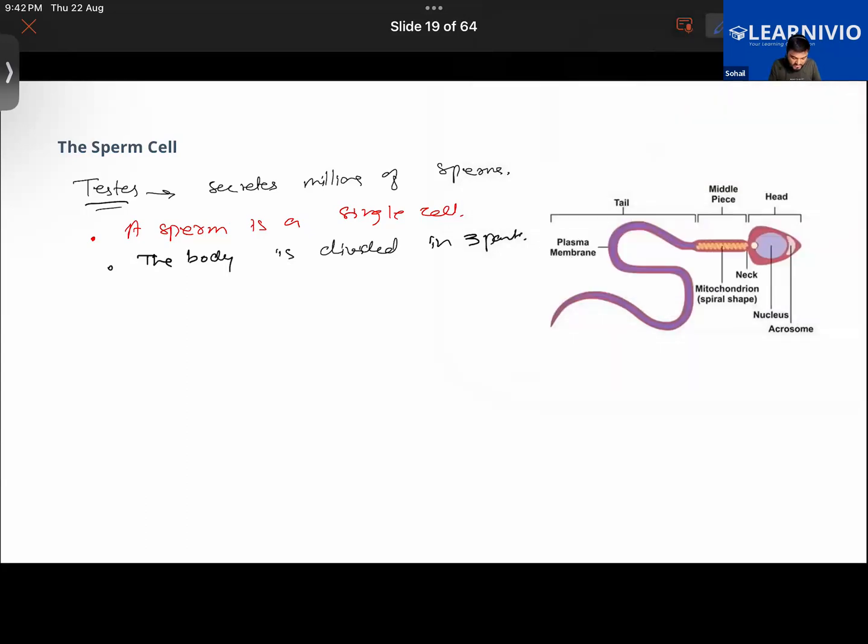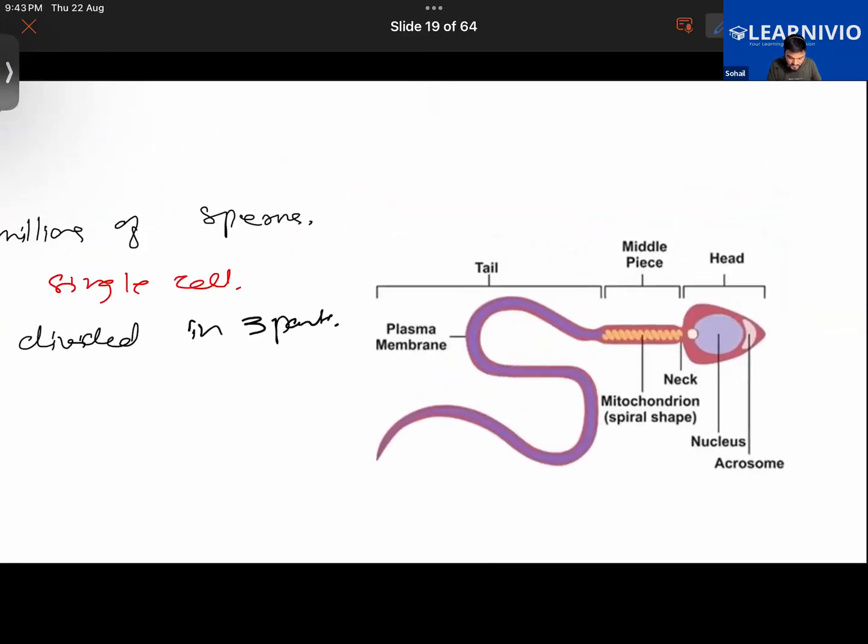First of all, talking about the head. Look over here. The main part of the head that we have to discuss is its nucleus. The head contains the nucleus, and the nucleus will contain the DNA. This will contain all the necessary information from the male parent.